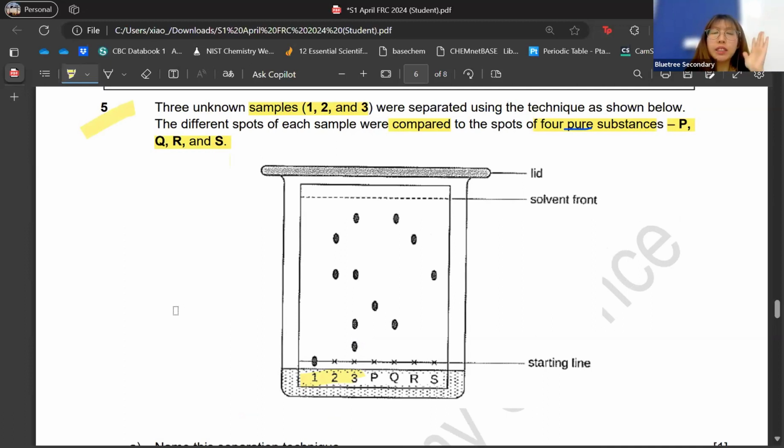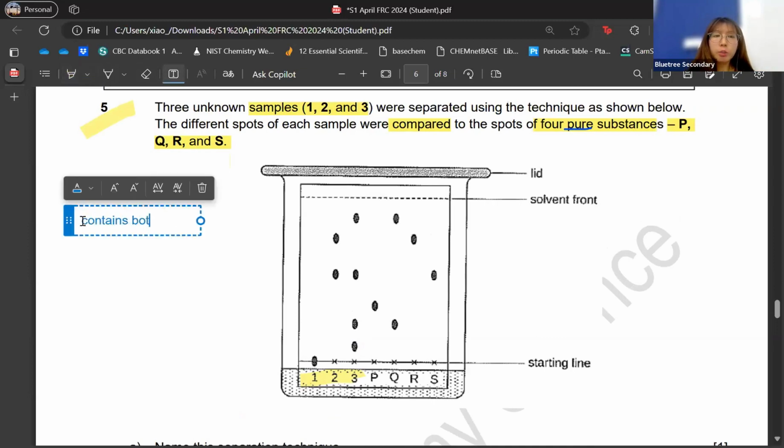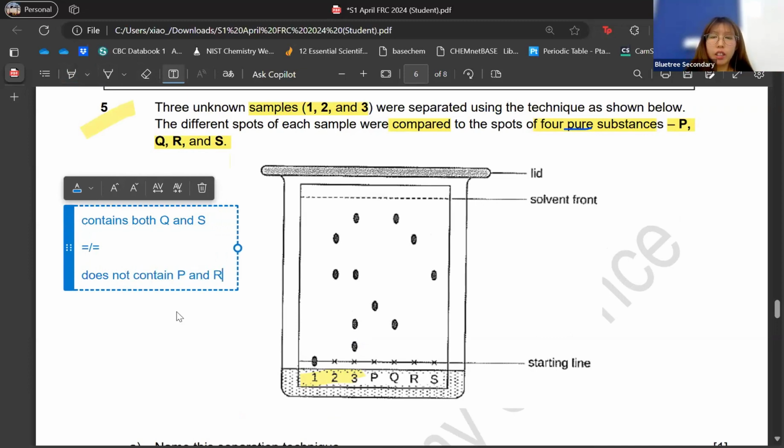Okay, so students, please do not assume. When the question says that the sample must contain both Q and S, it is not the same meaning as does not contain P and R. Unless the question includes the important keyword, contains only both Q and S. But based on the question in part B, they didn't write this only.